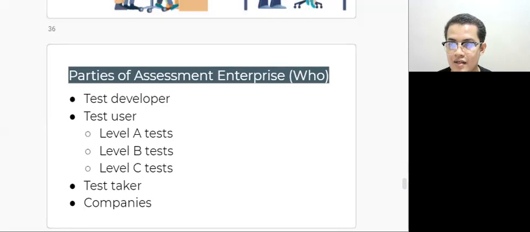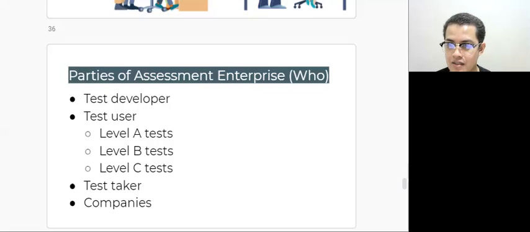Basically, level A test can be conducted by a non-psychology practitioner who can administer and score and interpret the test with the aid of manual and general orientation to the kind of organization. So this may include school principals and business executives.